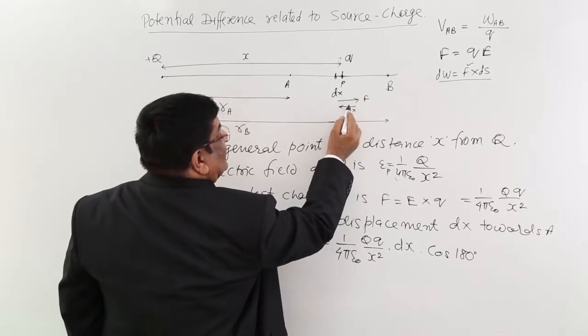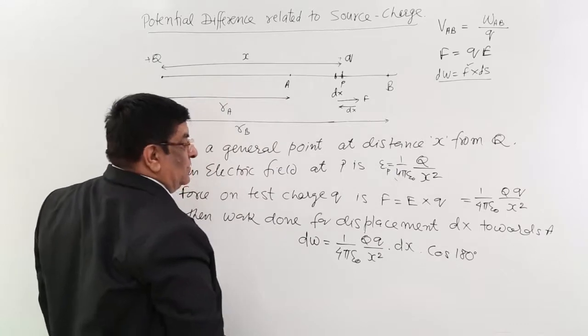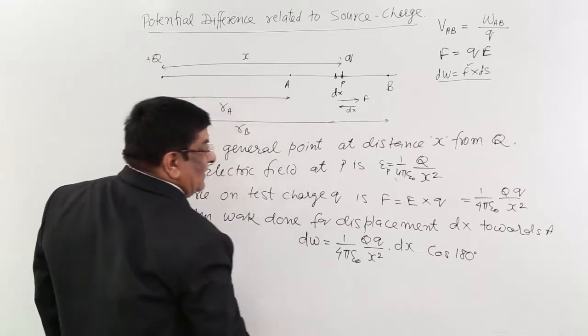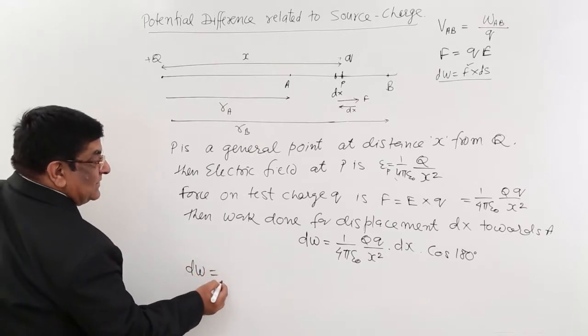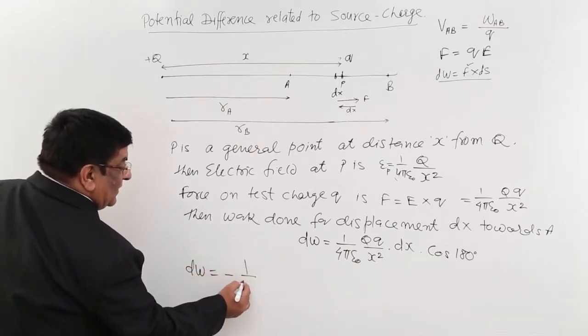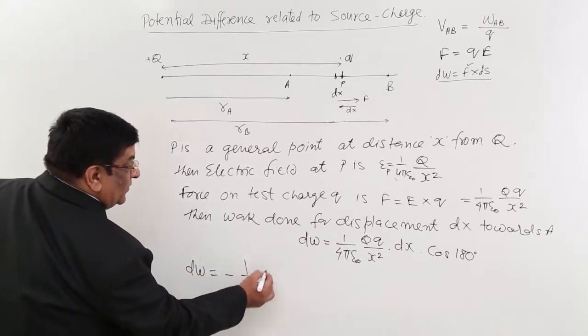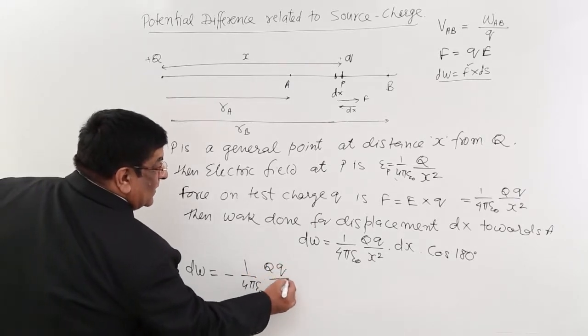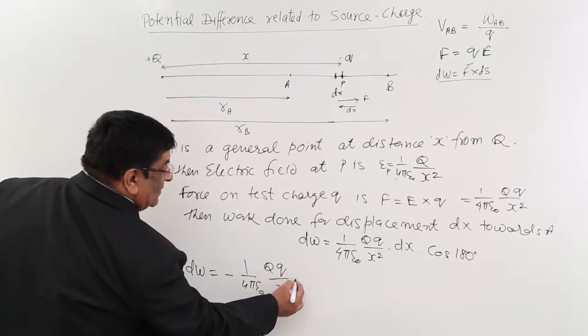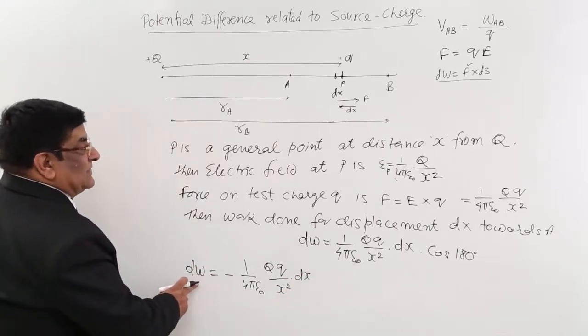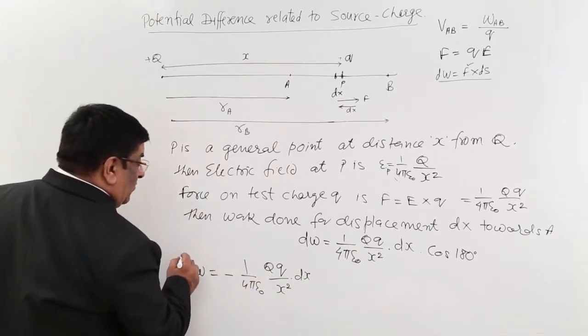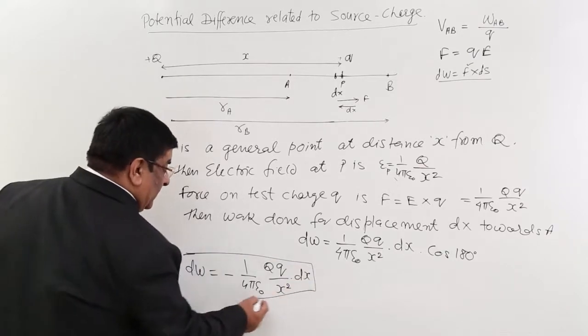So there is 180, so cos 180 is equal to minus 1, and we can write dw is equal to minus 1 upon 4 pi epsilon naught, q upon x square, dx. Okay, if this is the small work done, we get the formula for this.